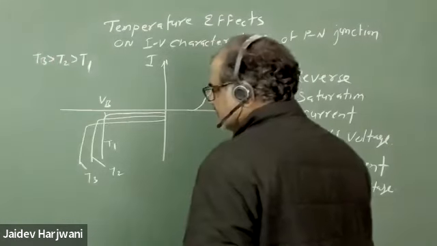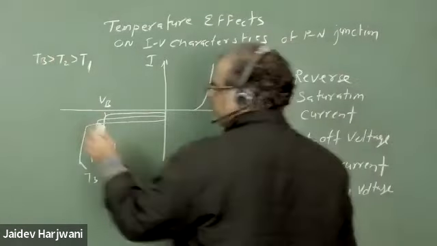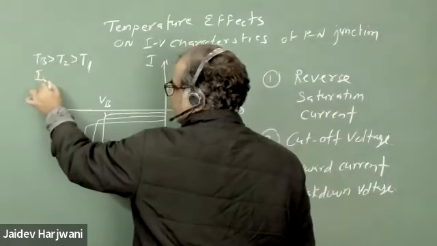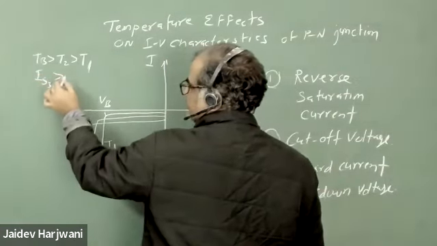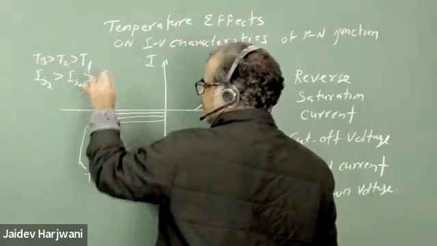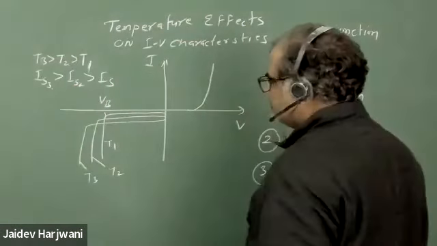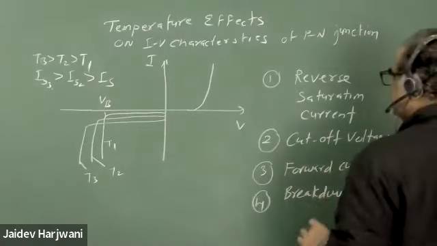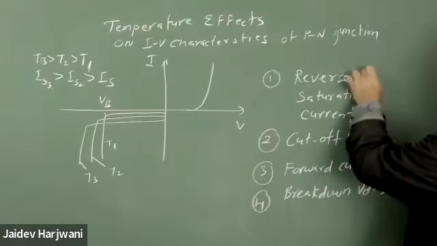When I increase the temperature, my current also increases. So the reverse saturation current IS3 is greater than IS2 is greater than IS1.